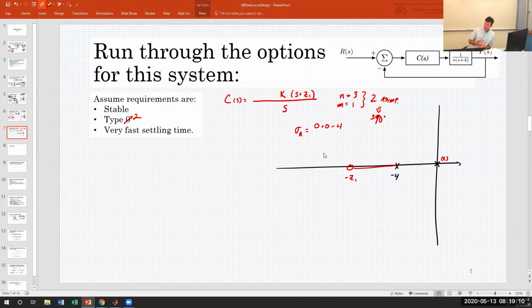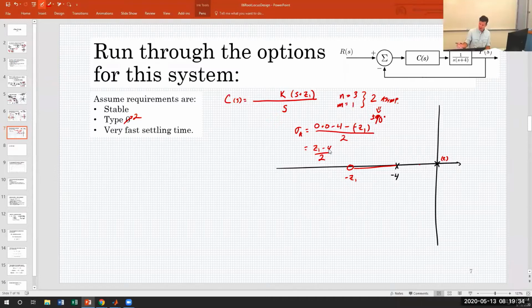So the bigger z1 is, the more positive this number becomes. So I mean, the way I've drawn it, I think the center of mass is a positive number. You see that? So if z1 were 6, then negative z1 would be to the left of negative 4. And so this would be 6 minus 4, so 2 over 2.